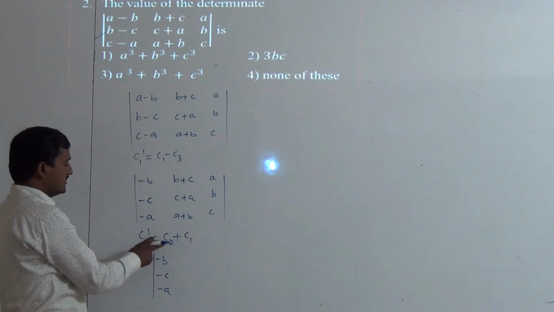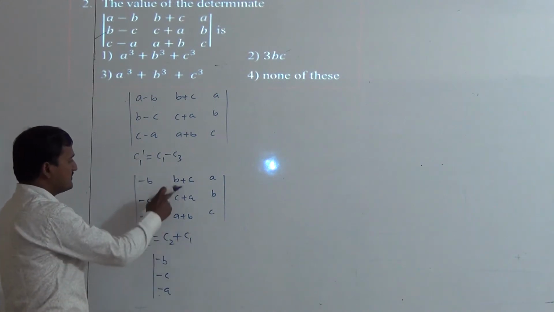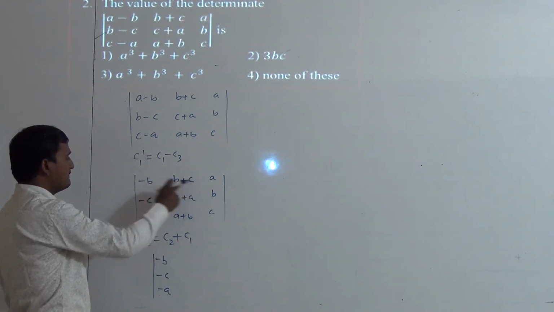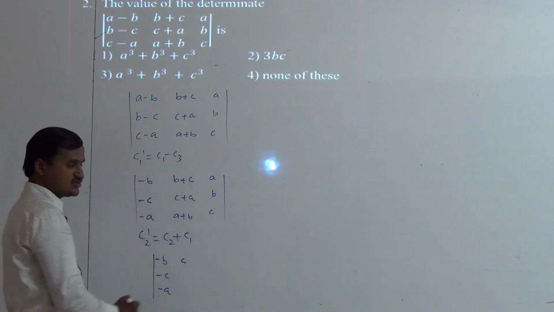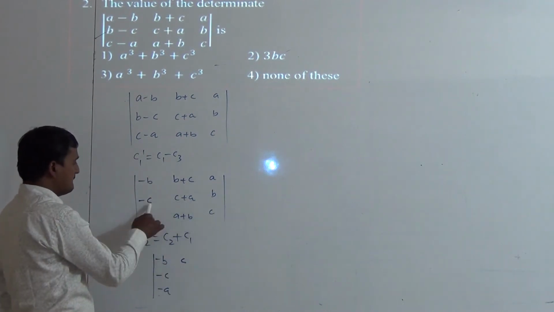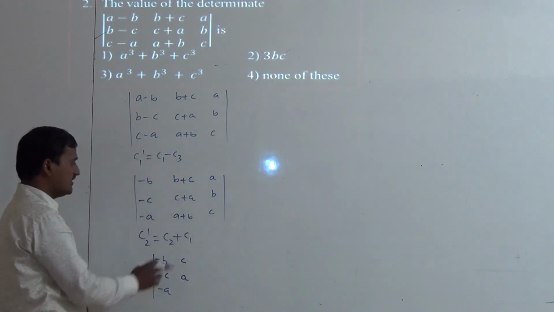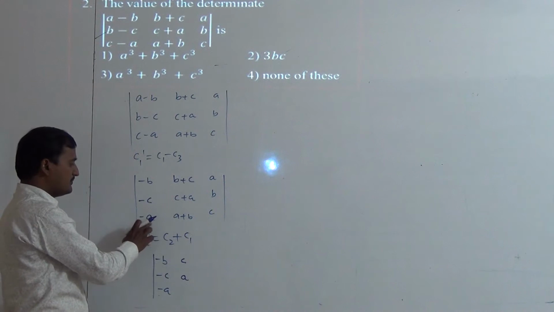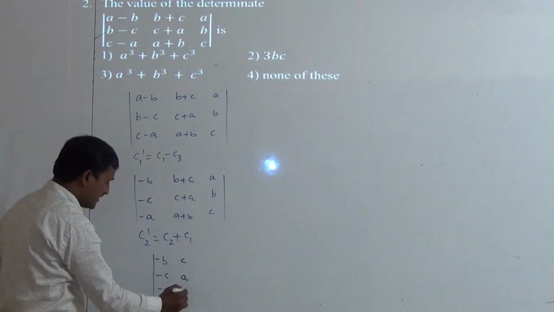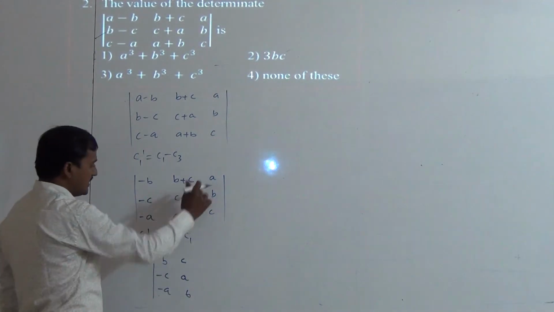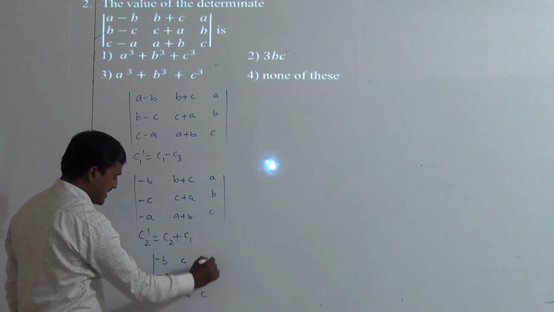Now apply C2 dash equal to C2 plus C1. b plus c minus b, so clearly it is c only. c plus a minus c, plus c minus c will get cancelled, so here a only. And minus a and plus a will get cancelled, so clearly here we are getting b only, and here it is a, b, c as it is, right?